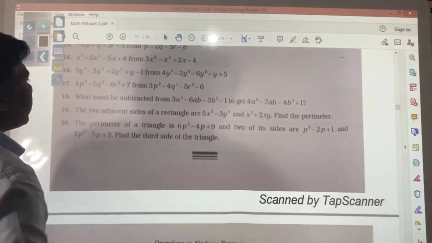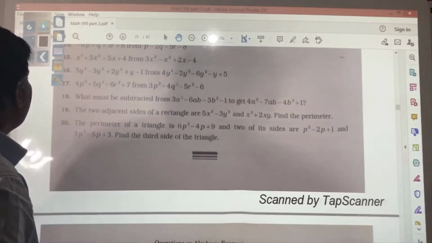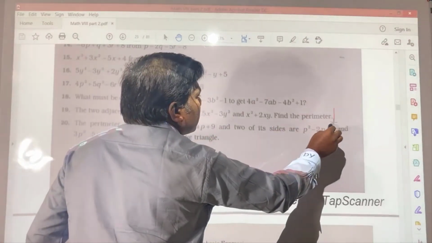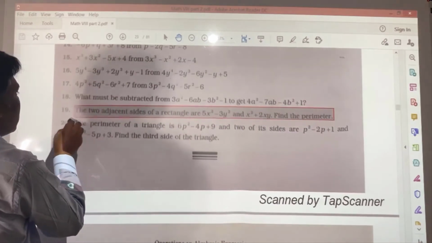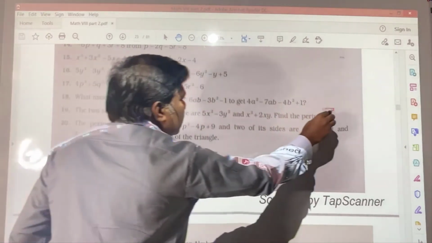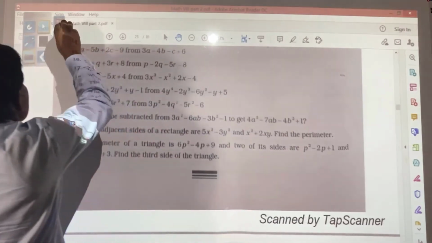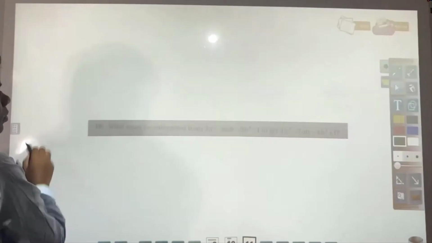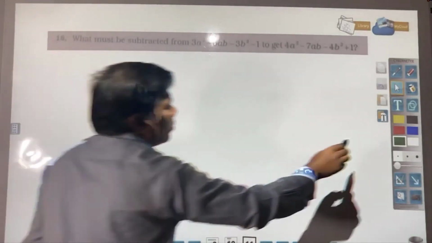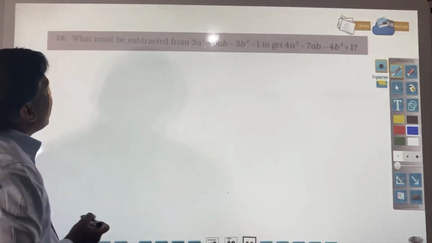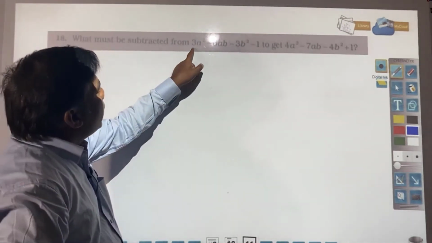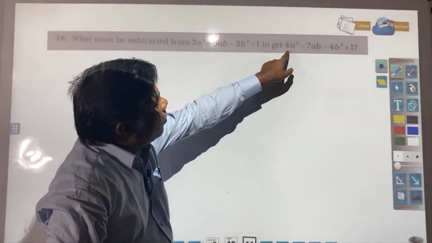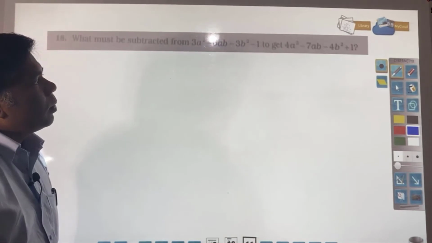Then we have, here you see question number 18. What must be subtracted from 3a square minus 6ab plus 3b square minus 1 to get 4a square minus 7ab minus 4b square plus 1.